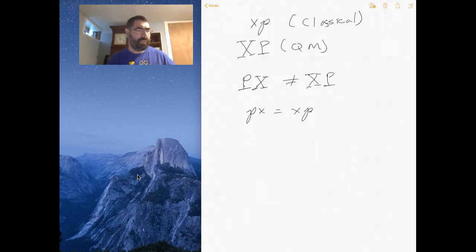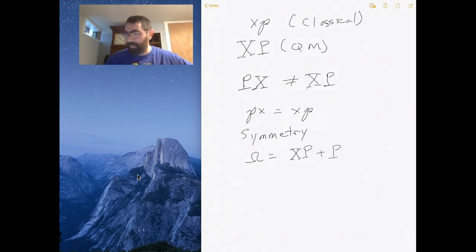One way out of this is to consider both of them. Basically consider the symmetry of the situation and say, let's create an operator now which is both the position and the momentum, or the momentum and then the position. And since I'm now operating with both of them, basically operating twice, I'm double counting.